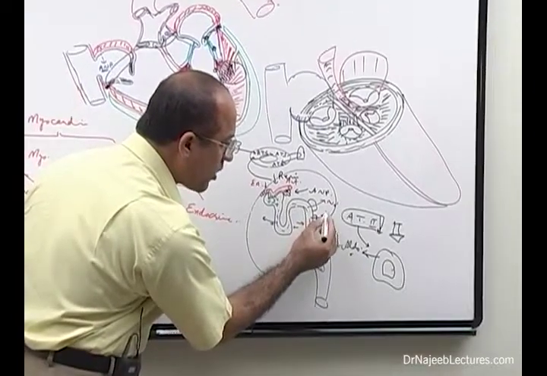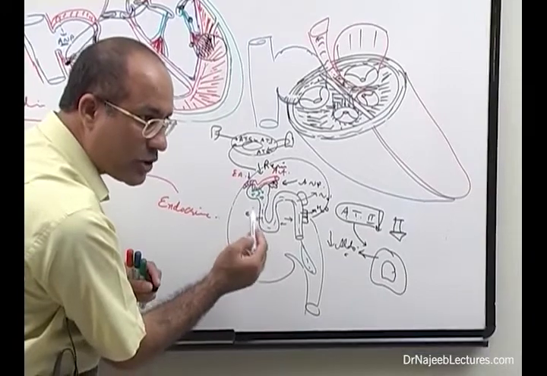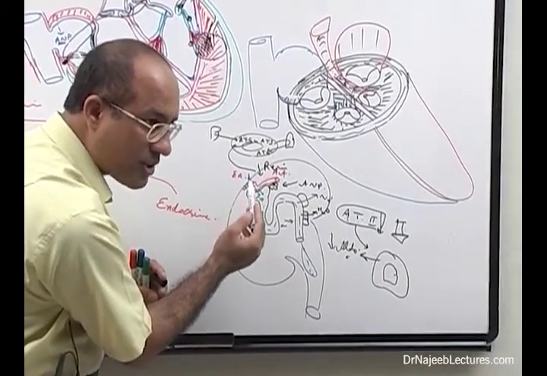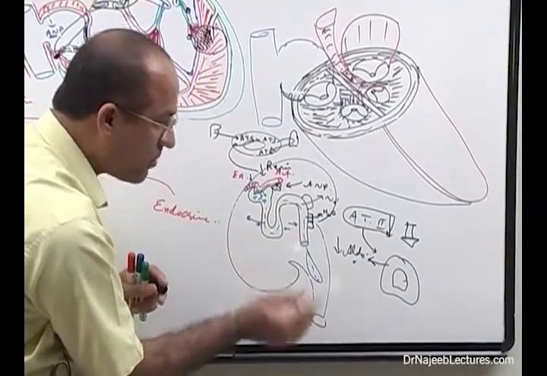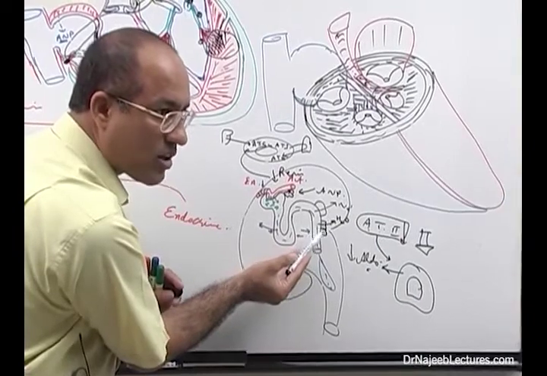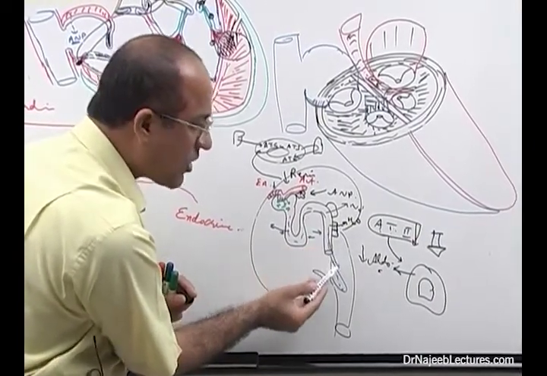It reabsorbs the water. It helps in reabsorption of water. When atrial natriuretic peptide reduces the release of antidiuretic hormone and antidiuretic hormone becomes less, then these cells will not reabsorb the water, because here the water reabsorption is antidiuretic hormone dependent, so extra water will be lost.